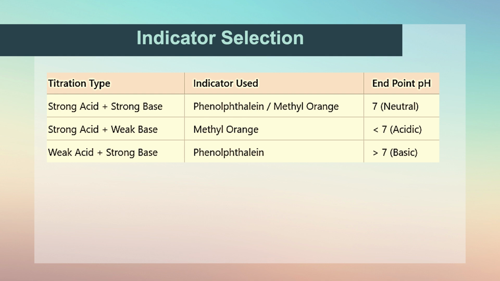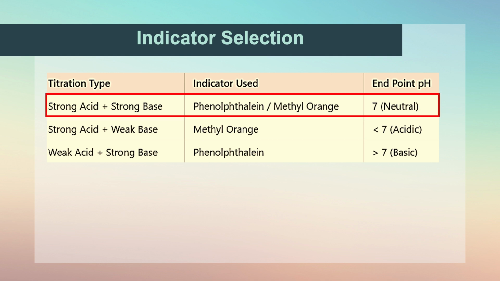First of all, strong acid against strong base titration. From the chart, it is very clear that you can take either phenolphthalein or methyl orange, or both indicators are useful for strong acid versus strong base titration. And for such a titration, the end point is nearly 7, that is neutral.